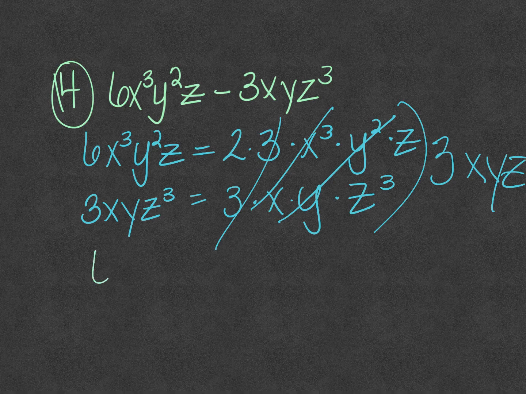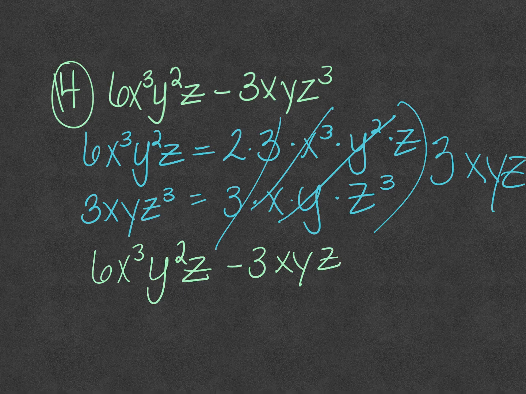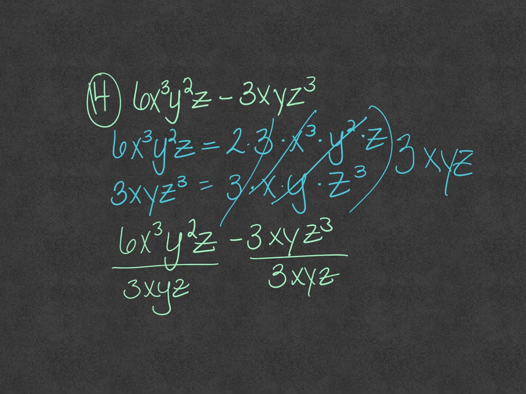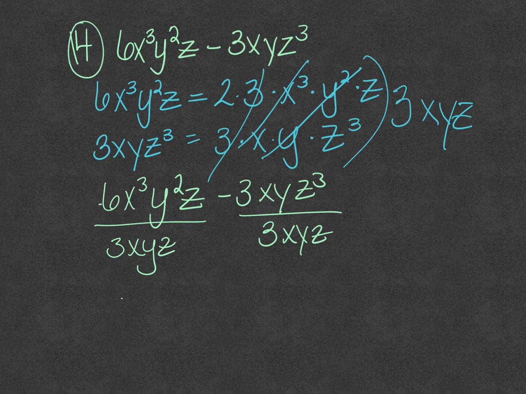Let's take our original equation, 6x to the third y squared z minus 3xyz to the third. We're going to divide them both. Okay, 6 divided by 3 is 2. x cubed divided by x1 would be x squared. y squared divided by y1 would be y, and your z cancels. 3 divided by 3 is 1.